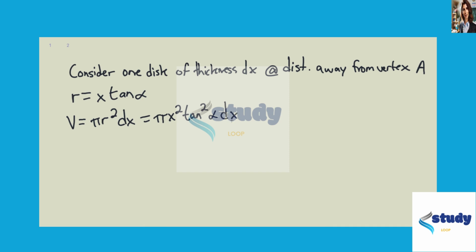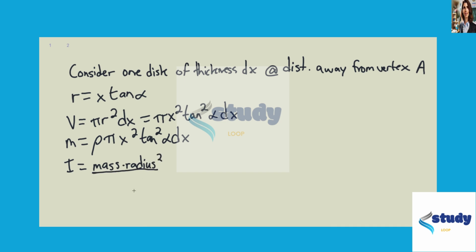dx. At this point, we can say that the mass of this disk is going to be equal to rho times pi x squared tangent squared of alpha times, again, dx. The moment of inertia of this disk is going to be the mass times the radius squared divided by 2.